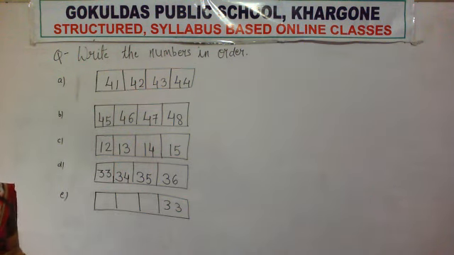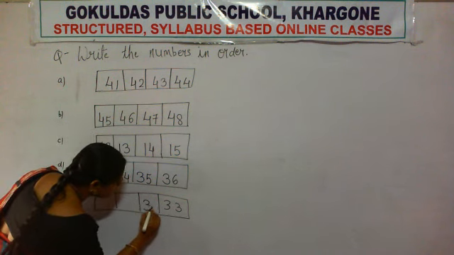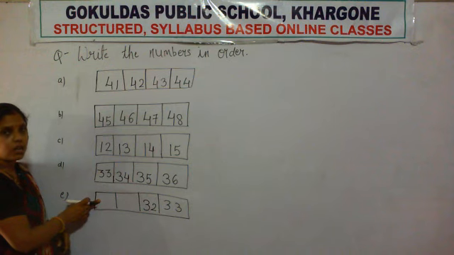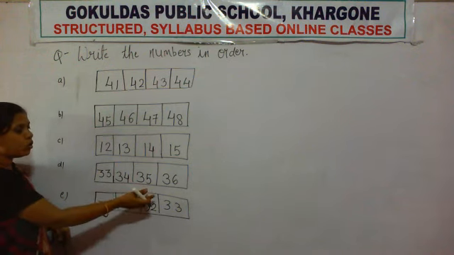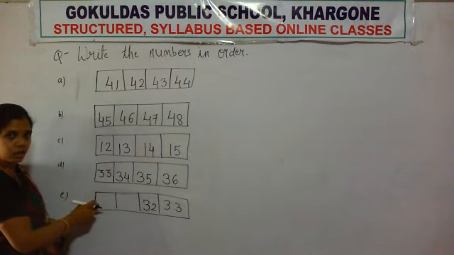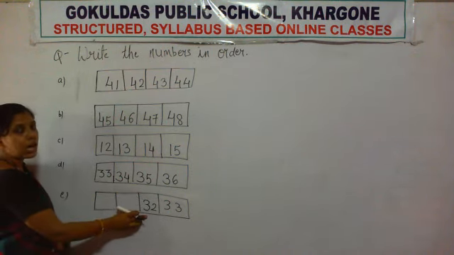So which number will come before 33? 32. We don't write 32 here, because we are writing the before number. So 32 will come here.